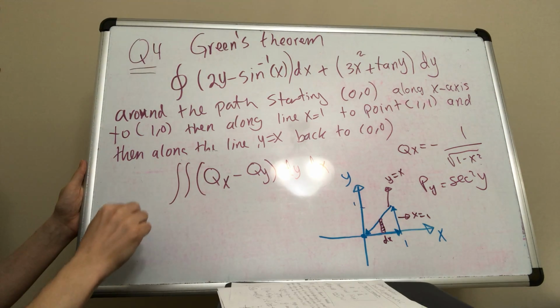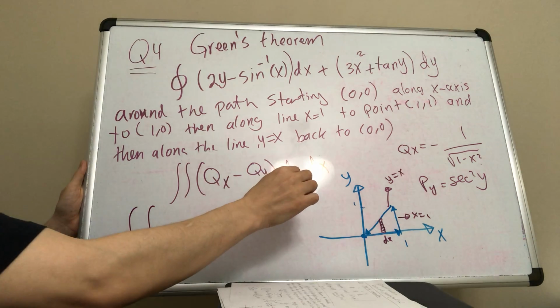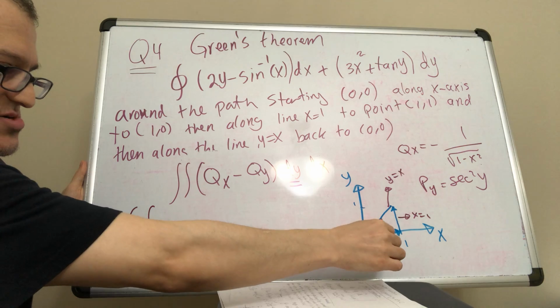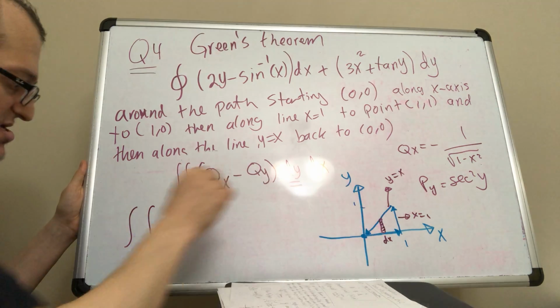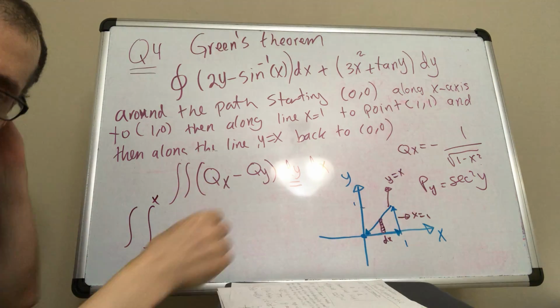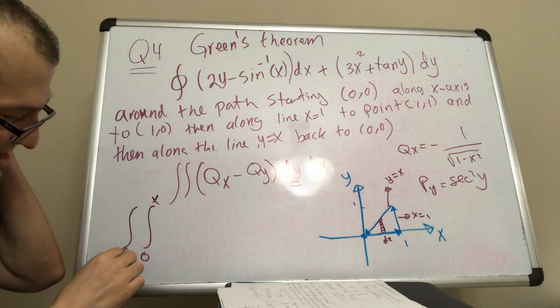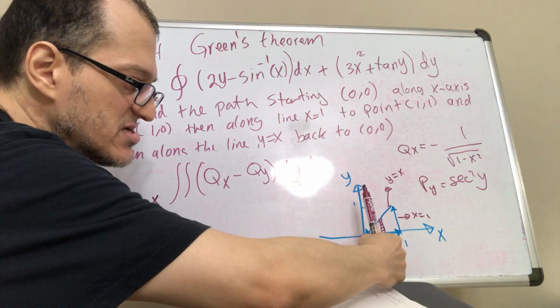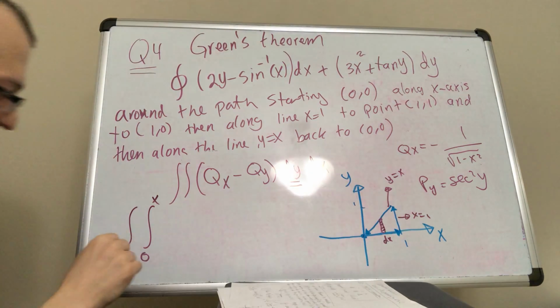And that means for dy, you're going to integrate from 0 to x, because again, the top point is x, the bottom point is 0. And the limits for x are 0 and 1, because x starts from 0, finishes at 1.